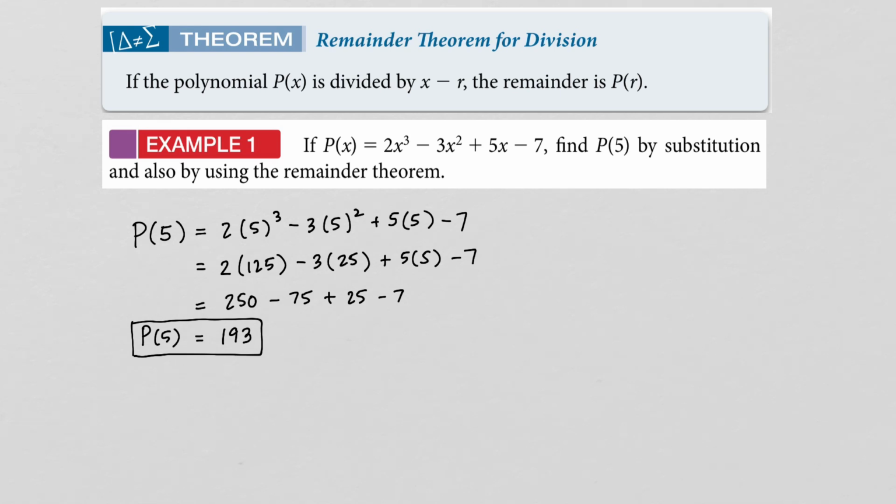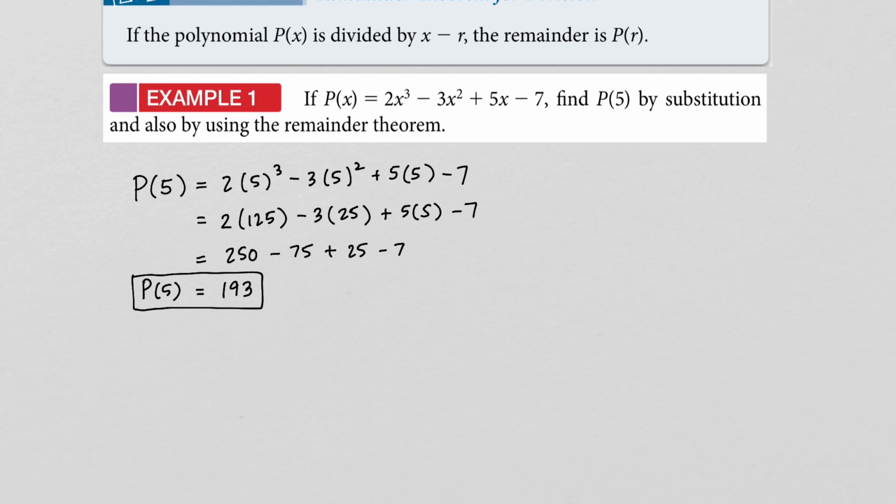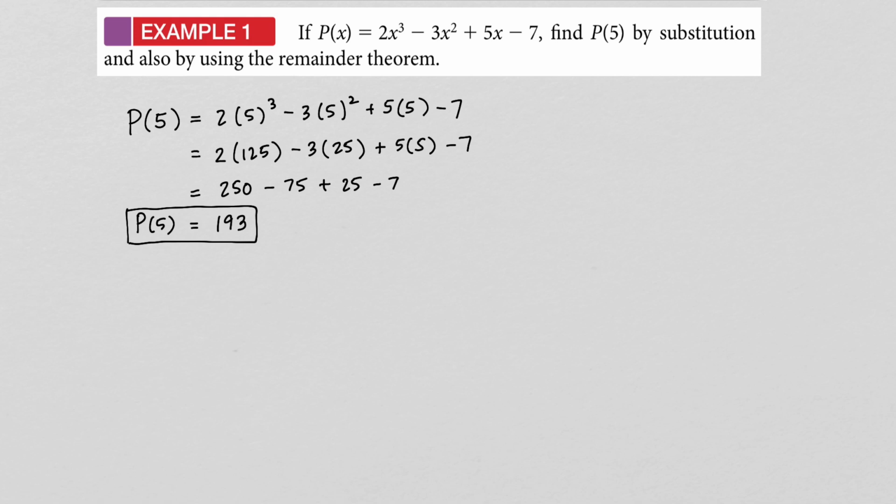So now the remainder theorem says that the function value p of r is the same as the remainder when you divide by x minus r. So if we took the polynomial 2x cubed minus 3x squared plus 5x minus 7, and we divided it by x minus 5, right?